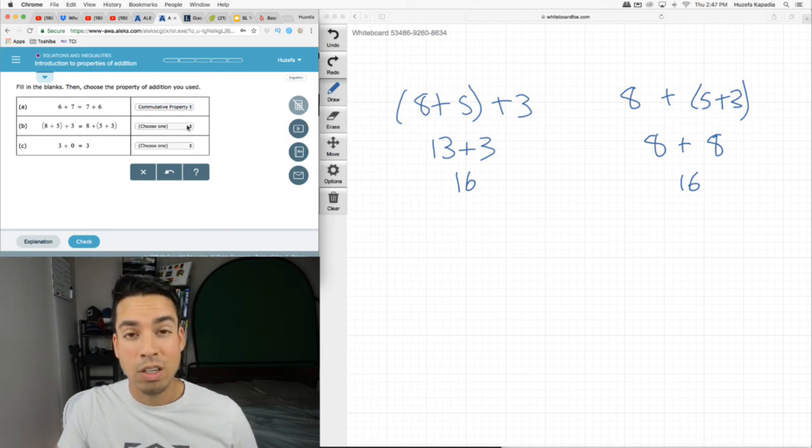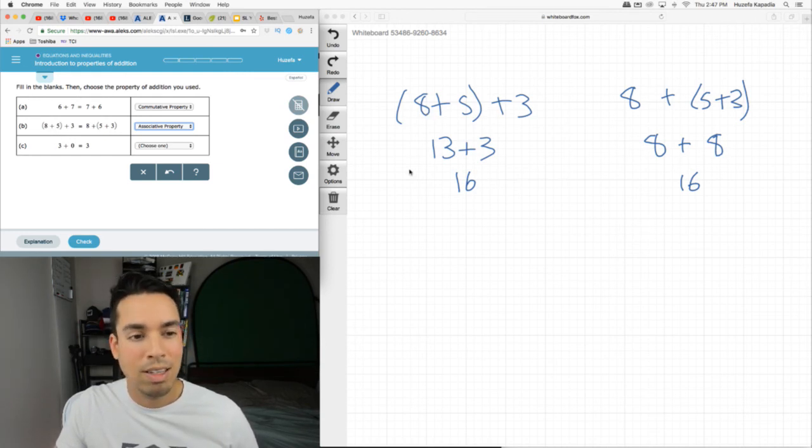So this is an expression of the commutative property. This is an expression of the associative property. The associative property states that the use of parentheses when we're only dealing with addition has no impact on the final answer. Even when they've grouped 8 and 5 here, and here they group 5 and 3 together first, the parentheses dictate what we do first, but it has no impact.